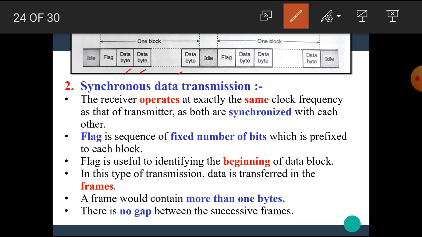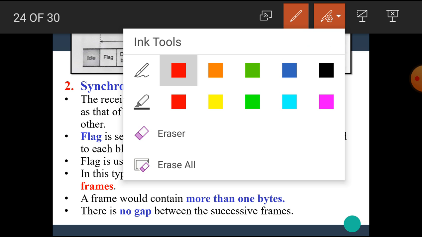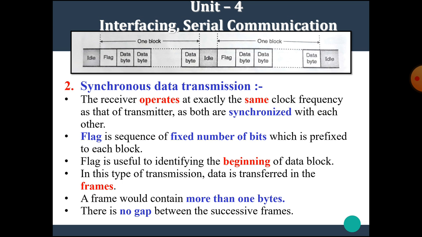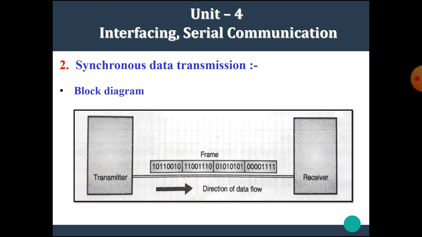One more important thing is that there is no gap between two successive frames. This is the main advantage over asynchronous data transmission.